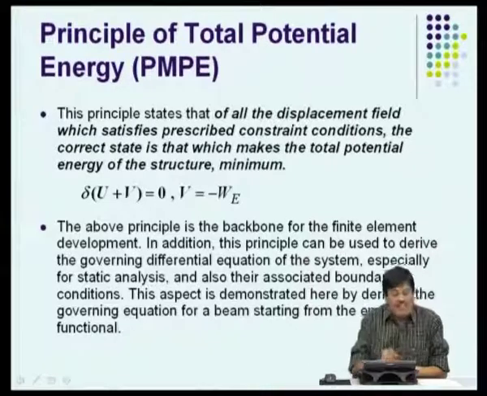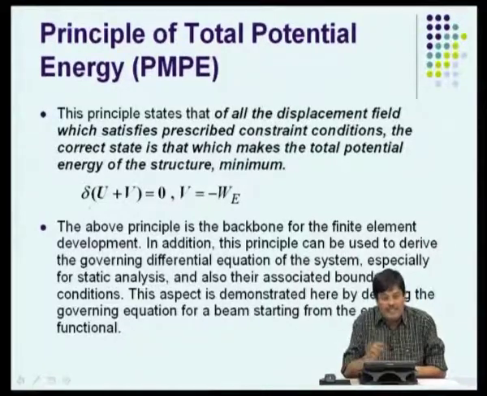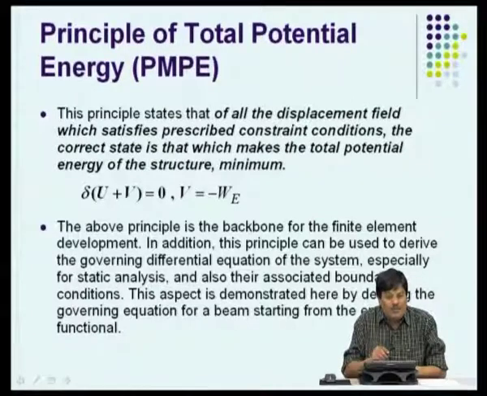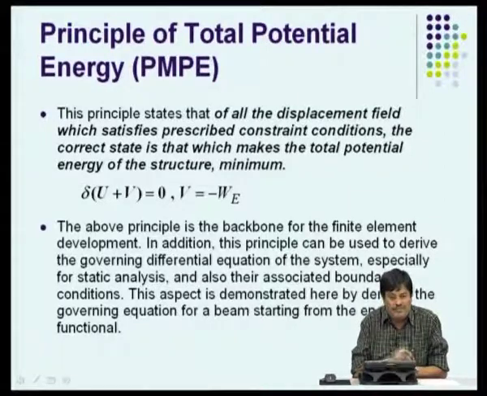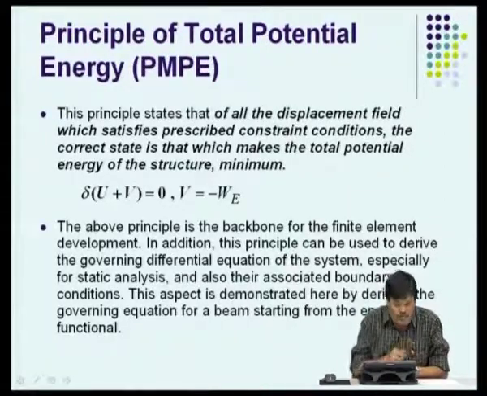If the total variation of the energy is equal to 0, we say that the body is in equilibrium. So, it is an alternate statement of equilibrium that we will use. That is why this is the backbone of the finite element method that we talked about a little before.